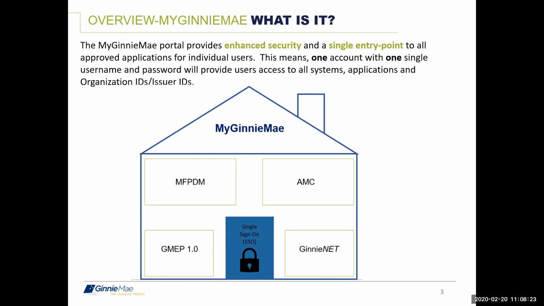If you currently access GMAP 1.0 and GinnieNet, you will be able to get into those rooms in the MyGinnieMae portal without having to log in with a separate login ID or user or password. So again, MyGinnieMae offers a front door, a deadbolt on the front door for you to get into the house. And then you can freely walk through all of the rooms that you have access to without having to separately unlock those doors. Next slide.